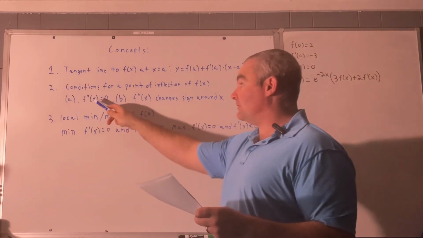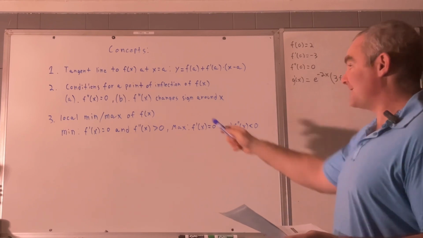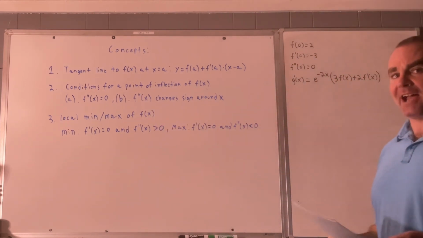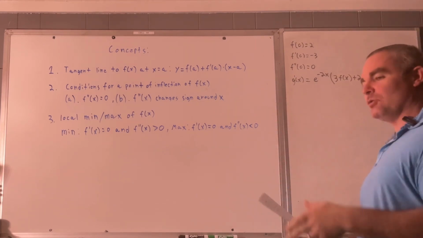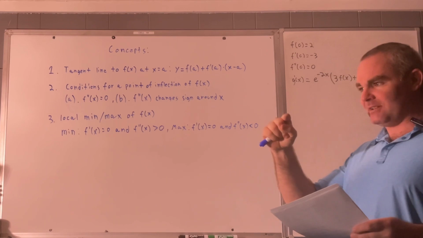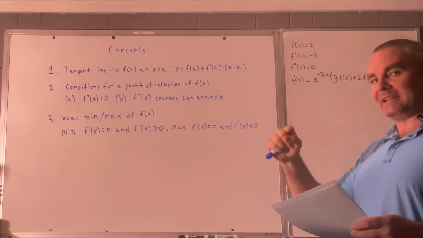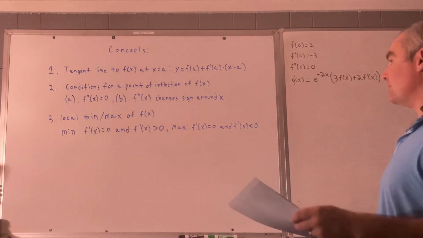First, f double prime of x must be equal to 0. And second, f double prime of x has to change signs around x. In other words, as you approach the point in question, f double prime needs to switch from either being negative to positive or from being positive to negative.